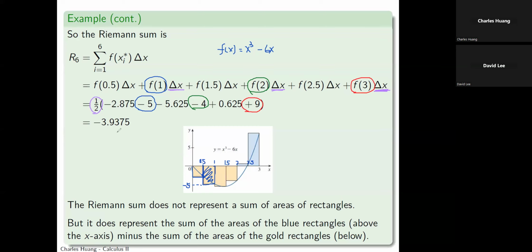So anything that goes below the axis is negative. And then in red here, go up. This is 9, right? The height over here is 9.